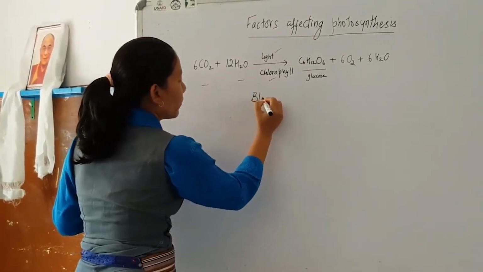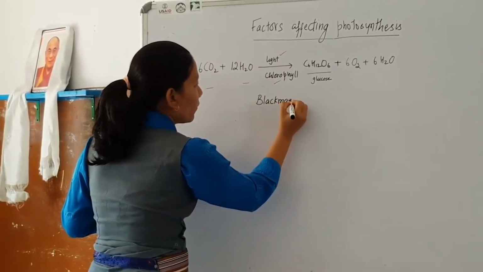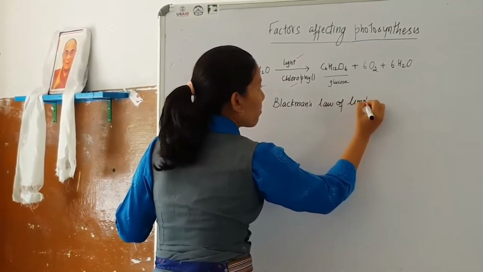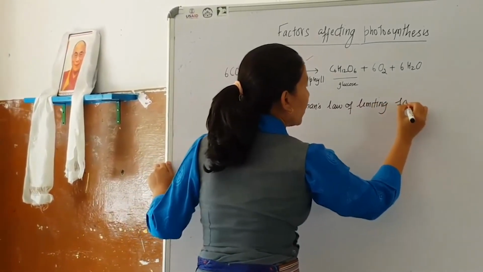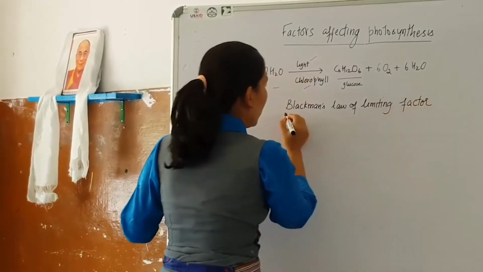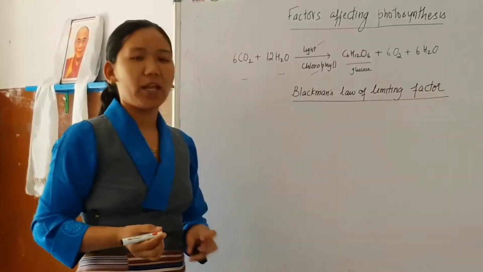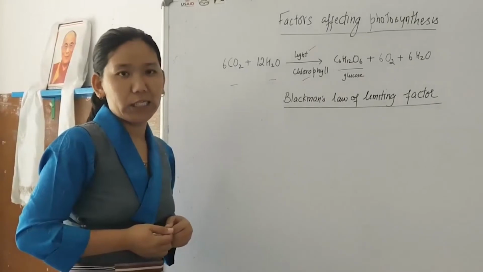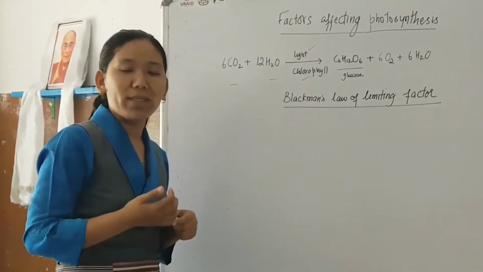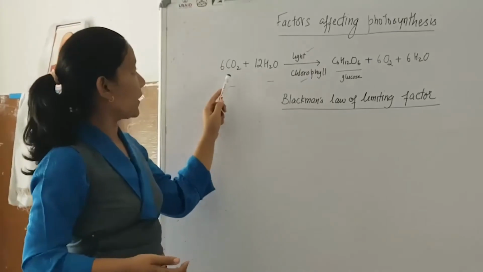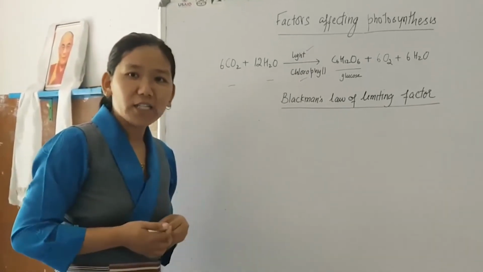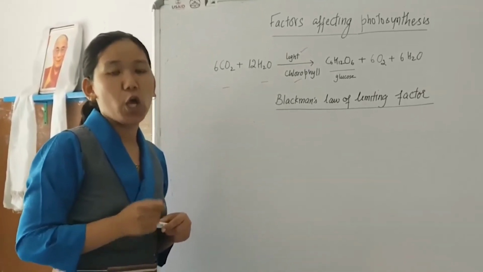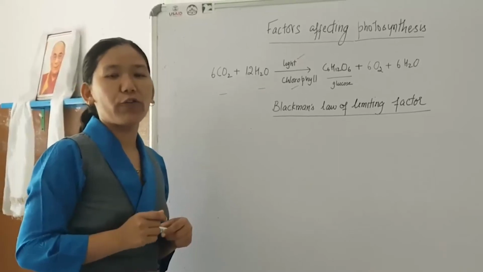So Blackman's law of limiting factor states that in any biochemical reaction, when there is more than one factor, the factor which is at its minimum level or minimum amount or minimum concentration will directly affect the rate of the chemical reaction.